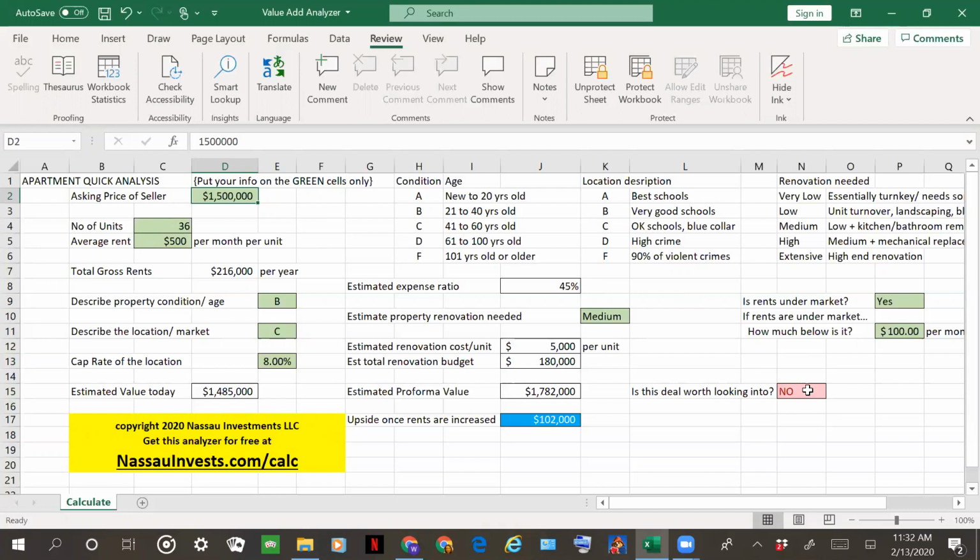In order to use this value add quick deal analyzer, you need about 5 or 6 things, and this is idiot friendly, so don't worry, you won't mess it up. All you have to do is, if it's green, then you can manipulate it. You can change it. Basically, you need to know the asking price of the seller. That's easy. On LoopNet, they usually have that.